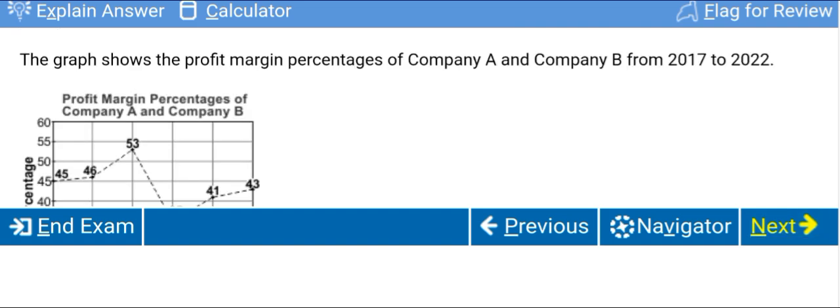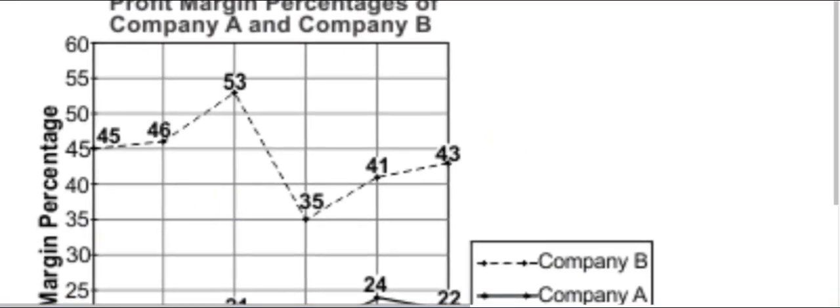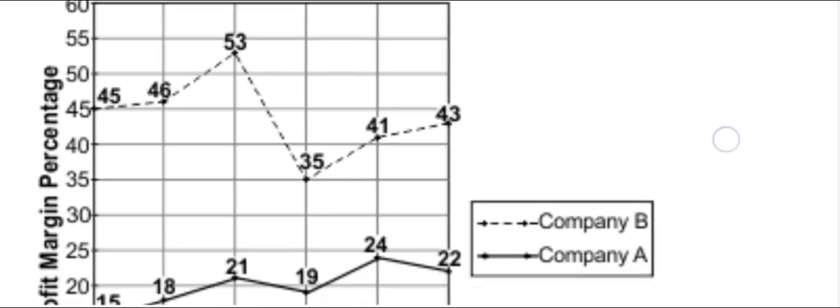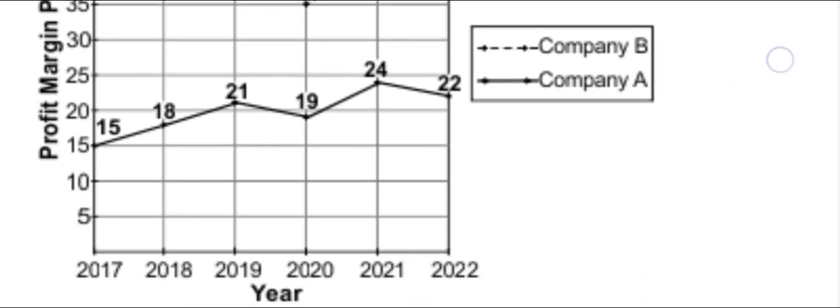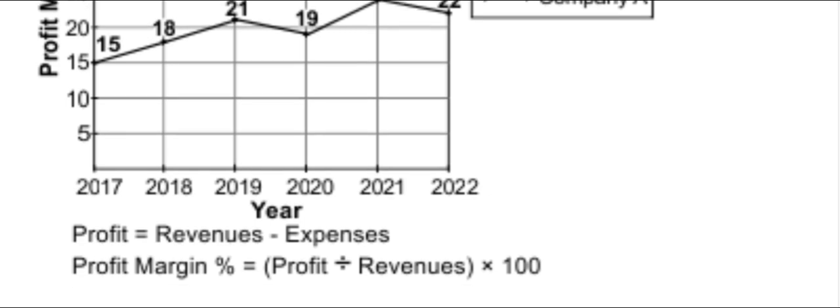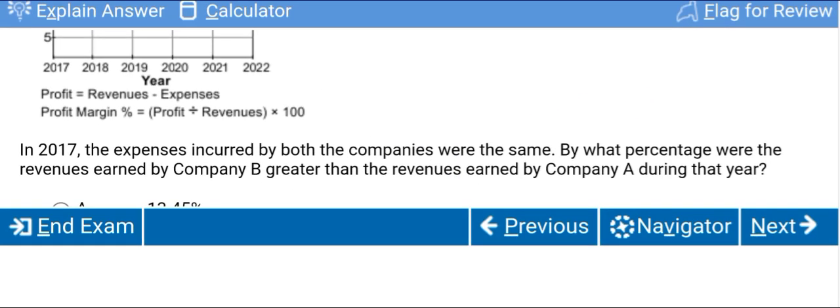Then we have the same statement with the same graph, as you can see here. Profit margin percentages of company A and company B. The question is, in 2017, expenses incurred by both the companies were the same.